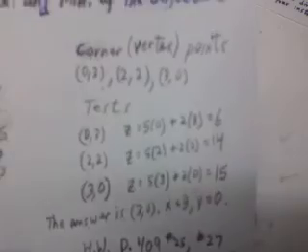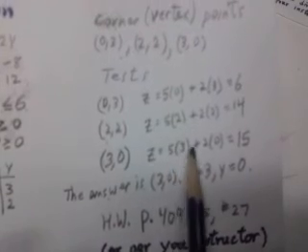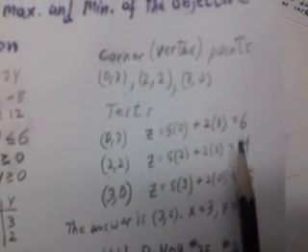All right, so that's what I've done here. I've plugged the 3 points into the objective function to see which one will give me a maximum and which one will give me a minimum. I plugged in 0, 3. That means I plug in a 0 for x and a 3 for y.